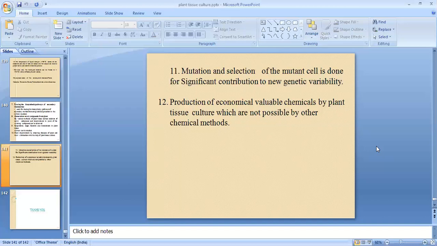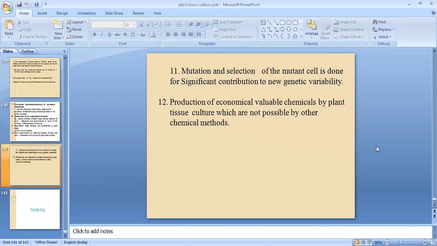And the last one is the production of economically valuable chemicals by this method, for which there are no normal chemical methods of synthesis. That means compounds which cannot be synthesized by normal chemical methods can be produced by the plant tissue culture method. So these are all the various applications of plant tissue culture.